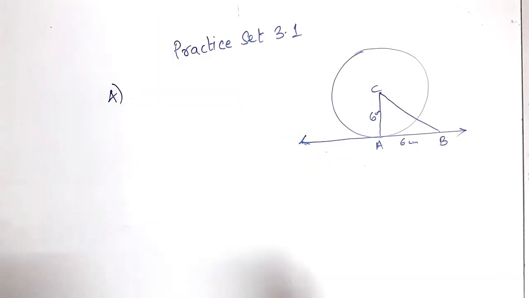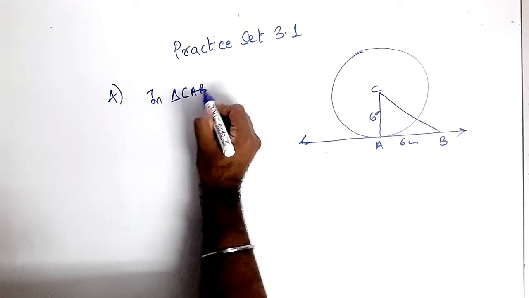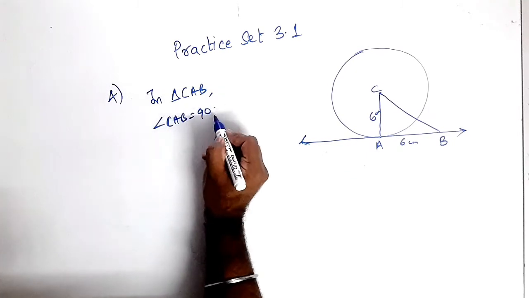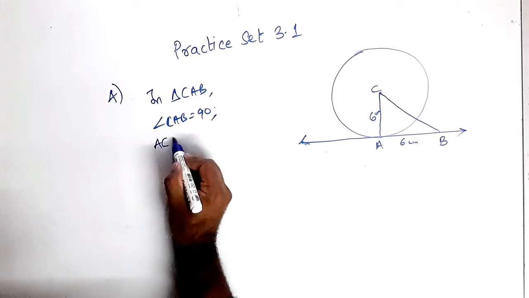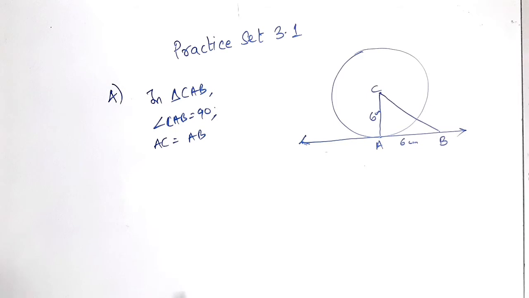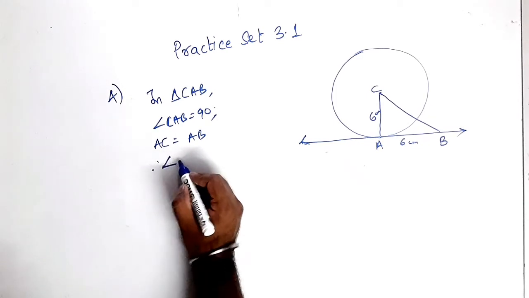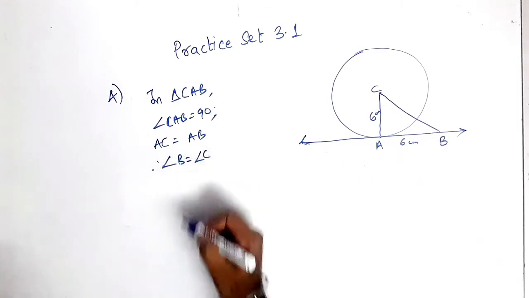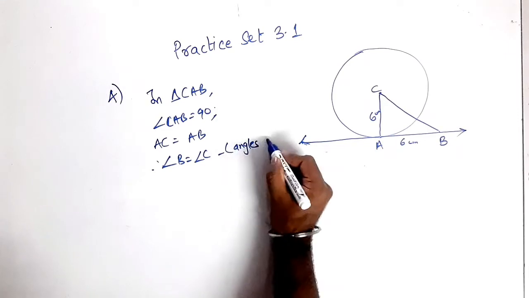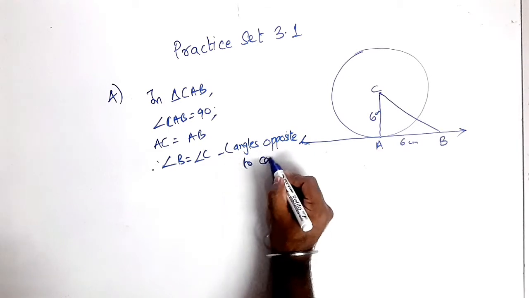So coming to the fourth one, we can see in triangle CAB, angle CAB equals 90 degree and AC equals AB. Okay, that means it is an isosceles triangle. Because it is an isosceles triangle, I can write therefore angle B equals angle C. Angles opposite to congruent sides.